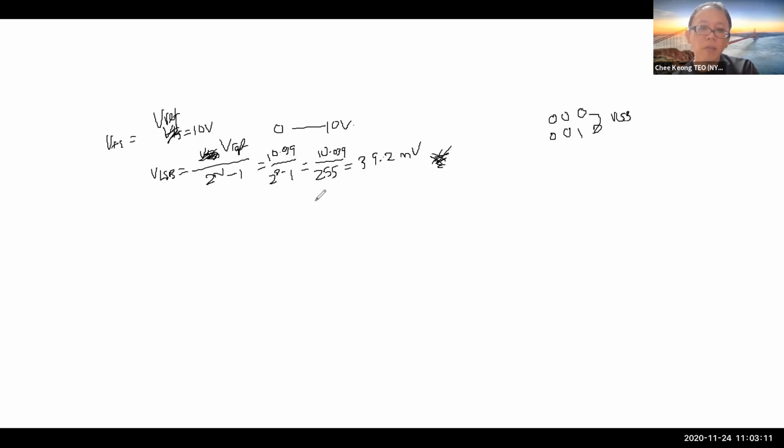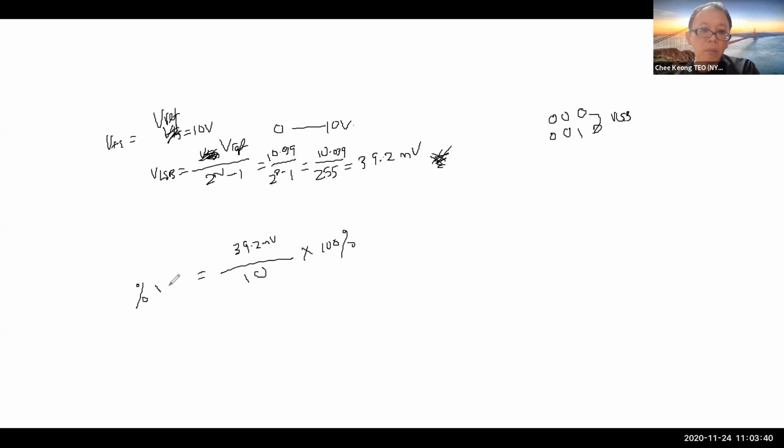So this 39.2 millivolt divided by your total, right? Total means it is ranging from 0 to 10 volt. So 39.2 millivolt divided by 10 volt full scale, multiplied by 100%, will be your percentage due to 1 bit.